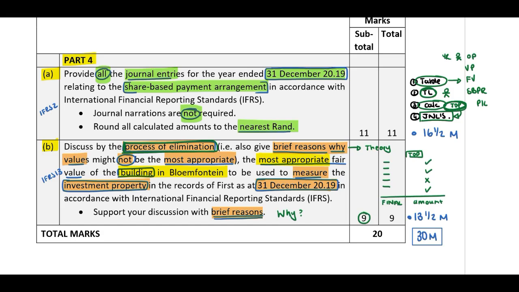Now, how much do you need to write? Remember, final conclusion will count a mark. Therefore, you need to include plus minus 9 proper sentences, of which one will be your conclusion, therefore 8. Okay.